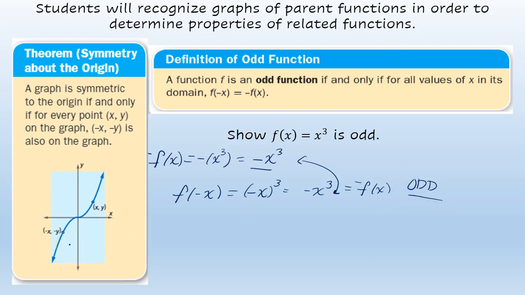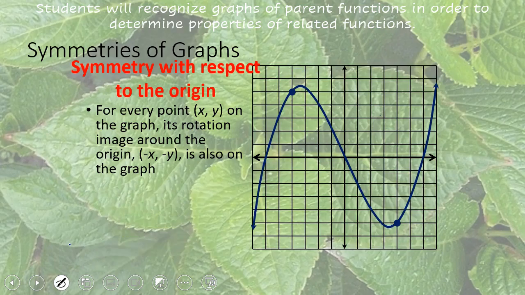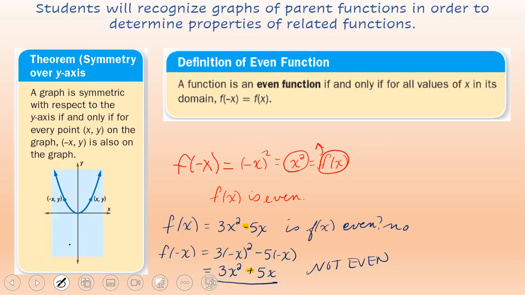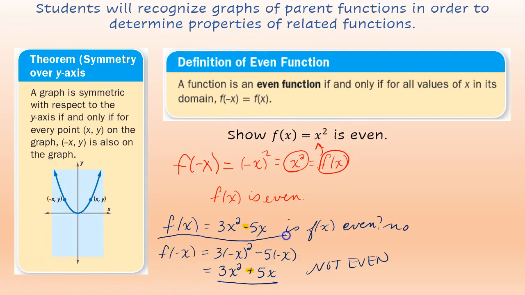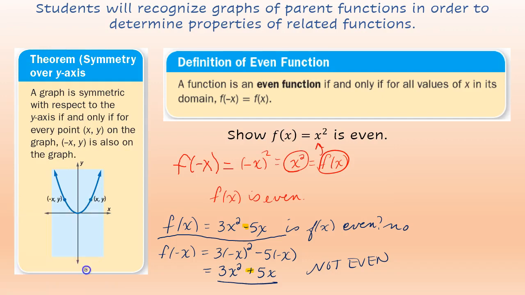Now, just looking back at where we did that other function, where we tested this one right here, is that odd? Well, we know it's not even, so to see if this was odd, we would figure out what the opposite of f of x is.